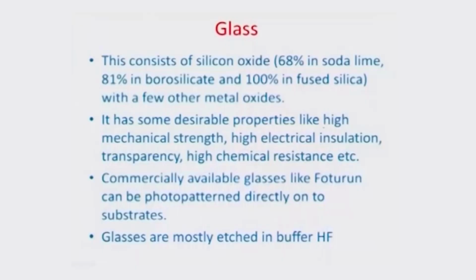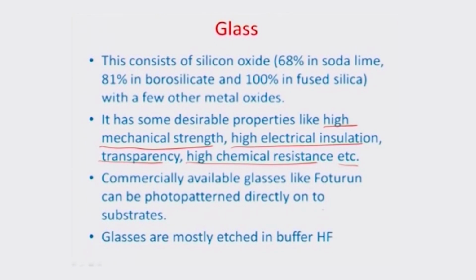So glass itself has a variety of desirable properties. For example, it has high mechanical strength, high electrical insulation, transparency, and high chemical resistance, which are all amenable to microsystems. So therefore, glass sometimes can be used for packaging microsystems typically.